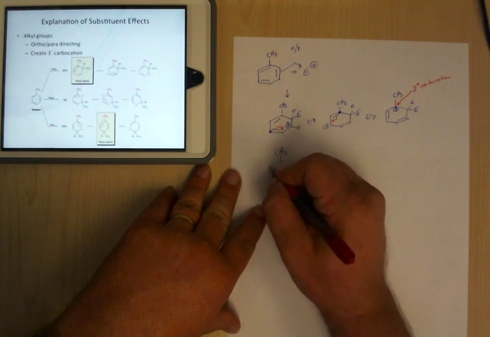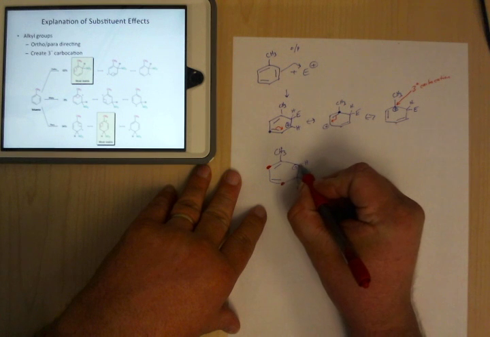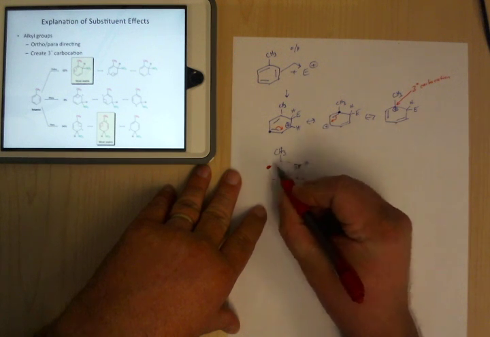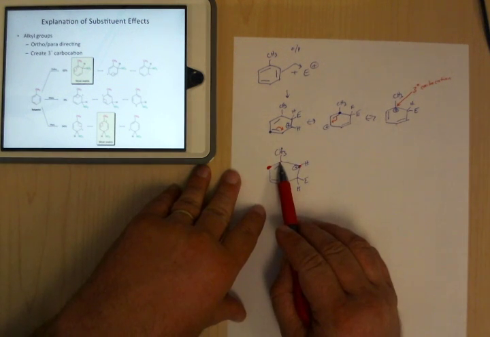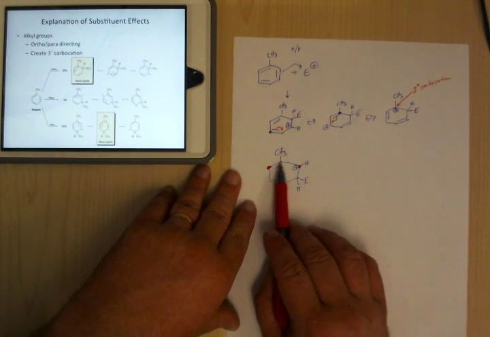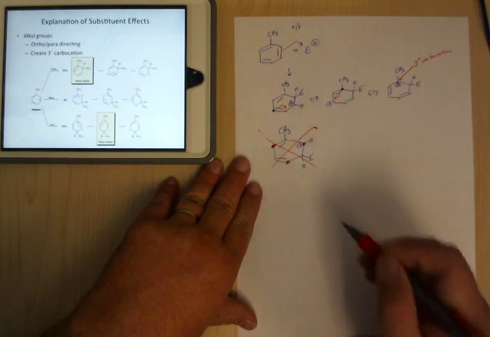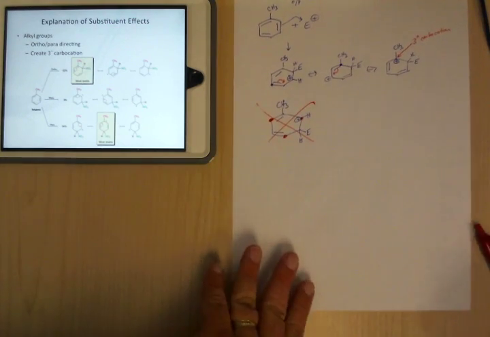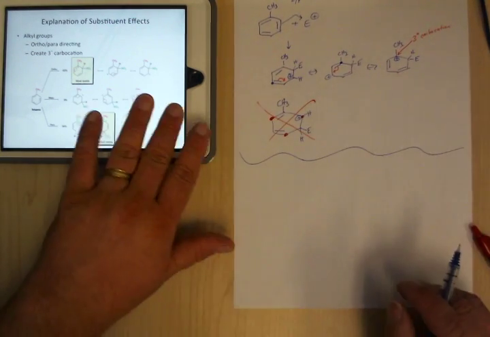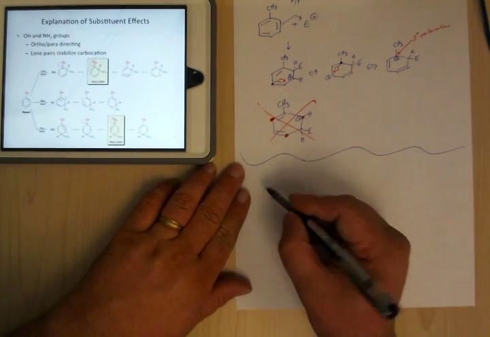We'd go here, we'd skip to here, and then we'd skip to here, right? So here's where the carbocations would end up, and we'd never get to this chance. We'd never have this opportunity to have a tertiary carbocation. The molecule knows that if I add here, I'm not going to be able to get that right next to each other, right? So this doesn't form. That's why this goes. Same thing happens, okay, with other ortho-para directors, right, that have lone pairs on them.